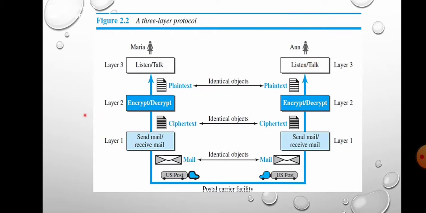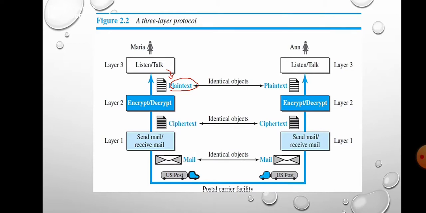The third layer machine listens to what exactly Maria says, and it creates the plain text. So the plain text is created at layer 3.